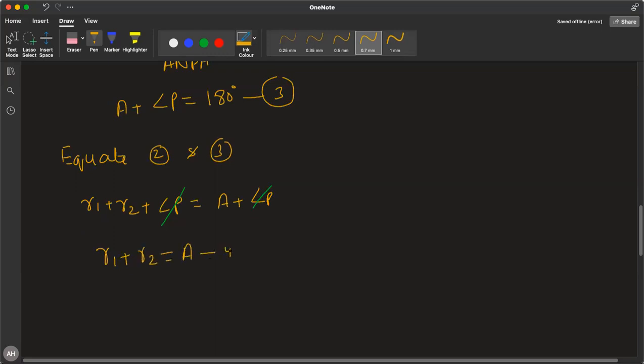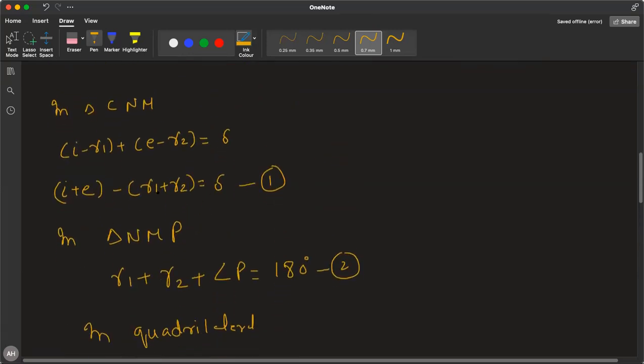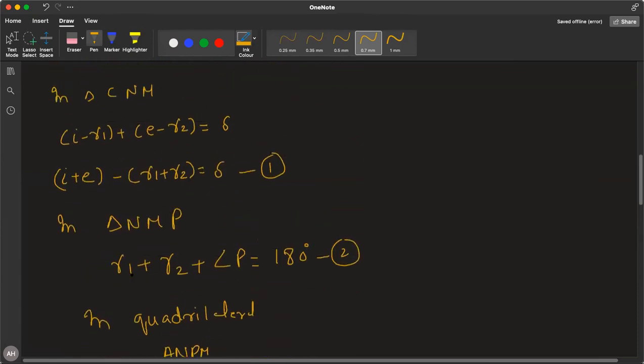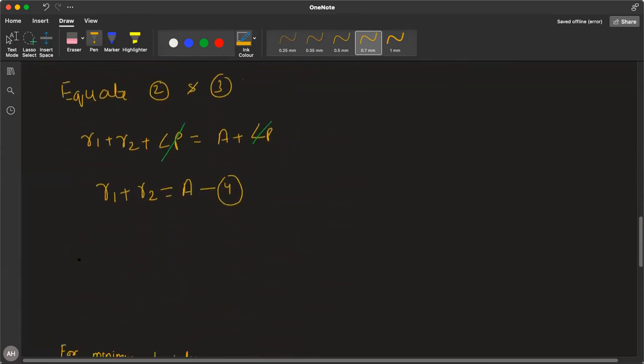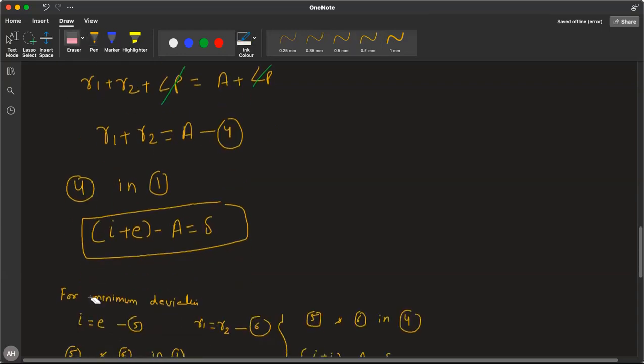That's equation number 4. So you have delta, which is I plus E minus of R1 plus R2, and you have A, which is R1 plus R2. So let's substitute 4 in 1. This is the angle of deviation, which is I plus E minus A. This is deviation.